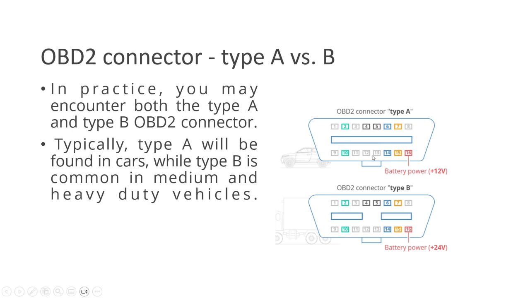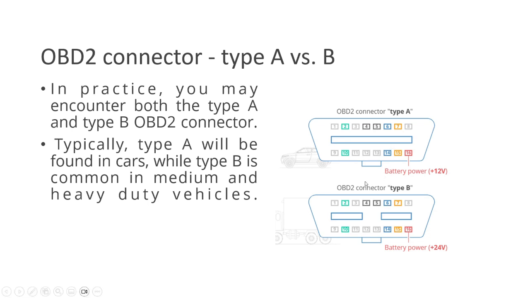The difference between the two connectors is the battery power line, pin number 16. In the case of OBD connector type A, pin number 16 should be connected to battery power of 12 volts, whereas in OBD connector type B, it can be connected to a 24 volt battery.